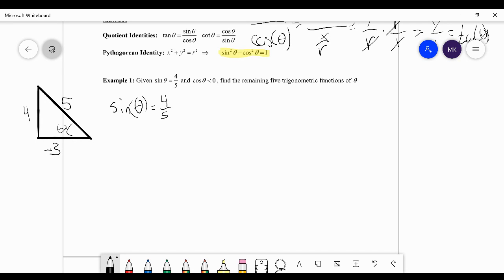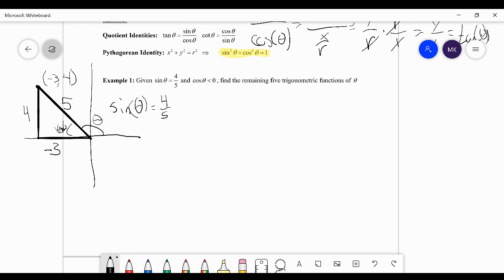And so what we end up with is our angle in standard position, the angle theta we are talking about, where this point right here is the point -3, 4, which gives us a radius of 5.